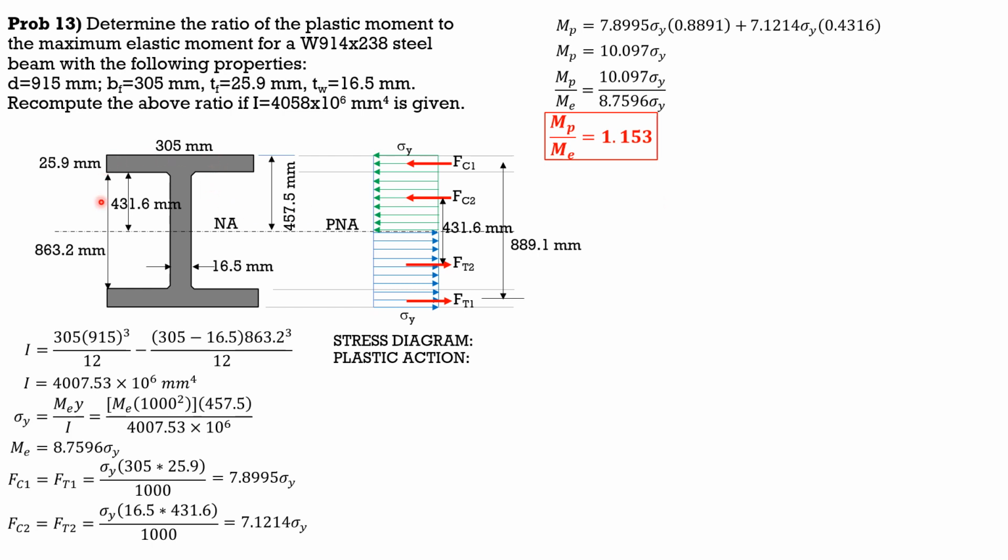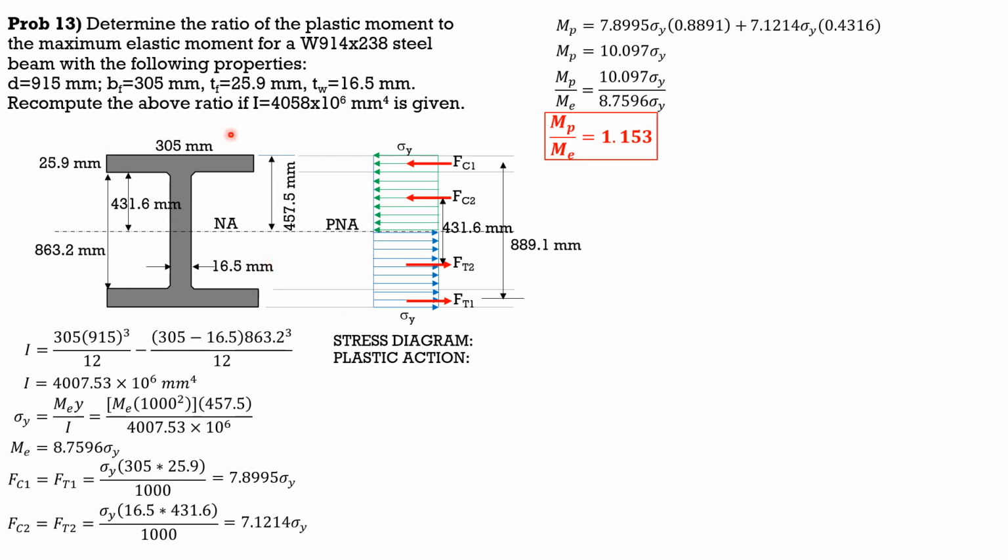Usually for this wide flange section, the ratio is between 1.1 and 1.2 in steel design. So that is inside the usual range for the ratio of plastic moment to elastic moment. So always remember that. Outside that would be a questionable ratio.